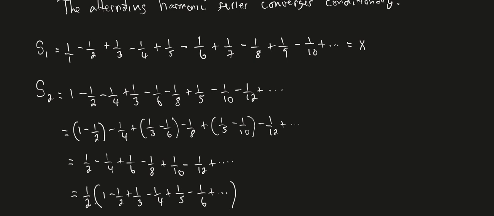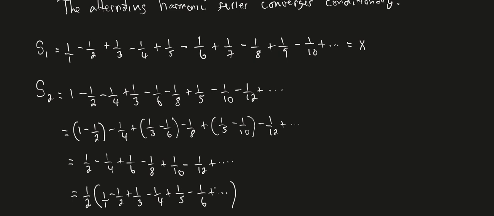Look now back at our denominators. It's even, odd, odd, even, odd, even, odd, even, and look at the signs. The terms that have the even denominator have a negative sign in front of them and so forth.